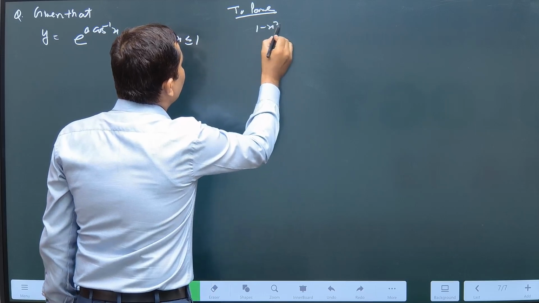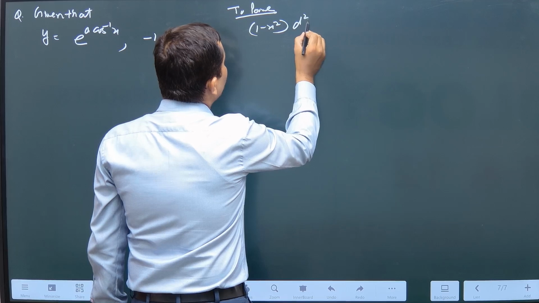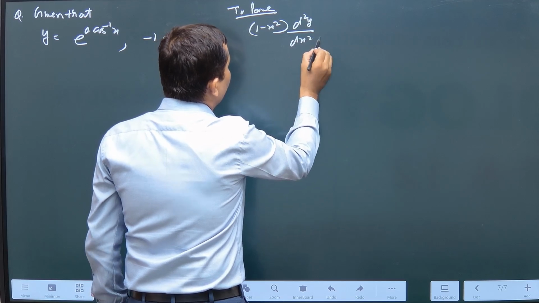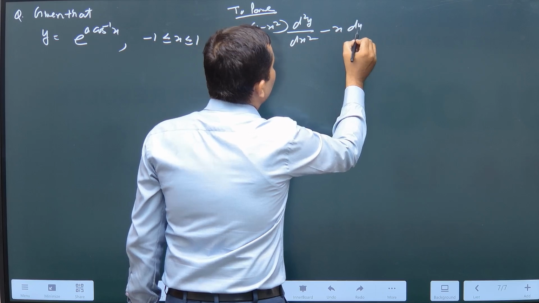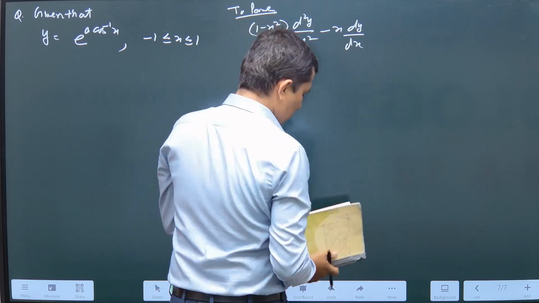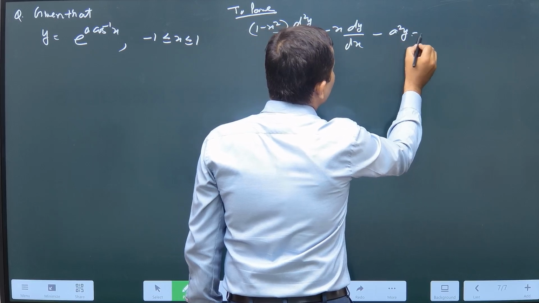one minus x square d square y upon dx square minus x dy upon dx minus a square y is equal to 0.